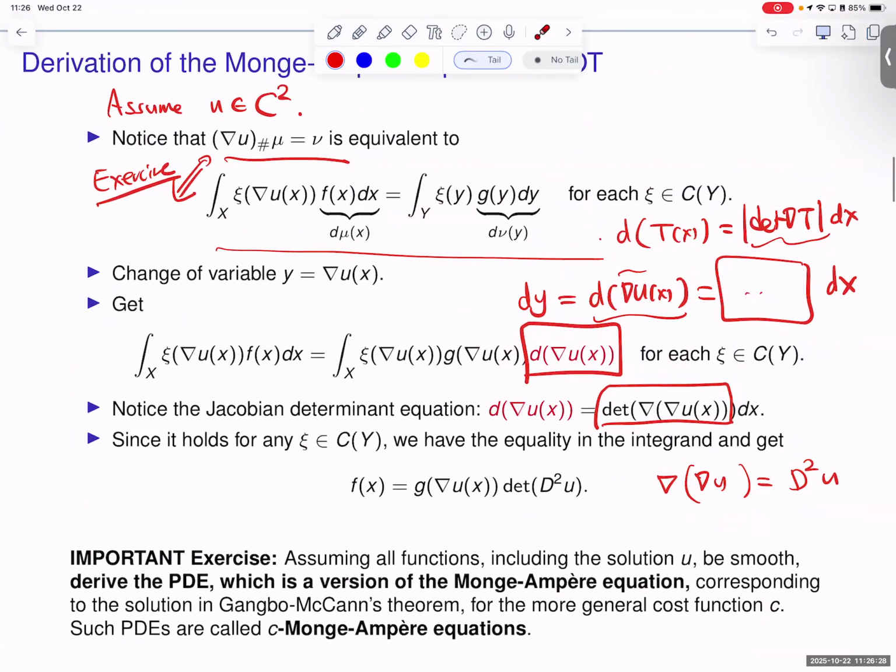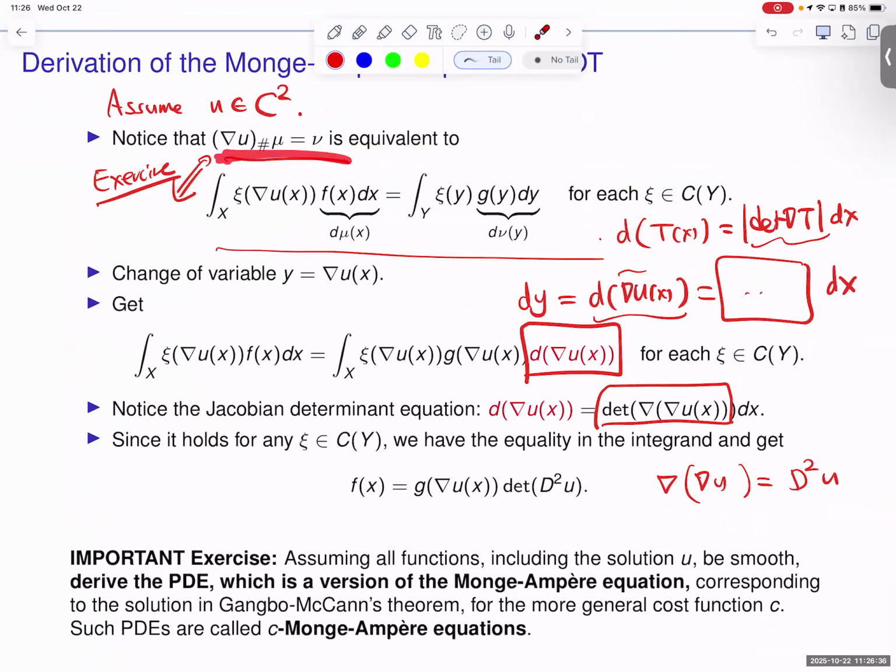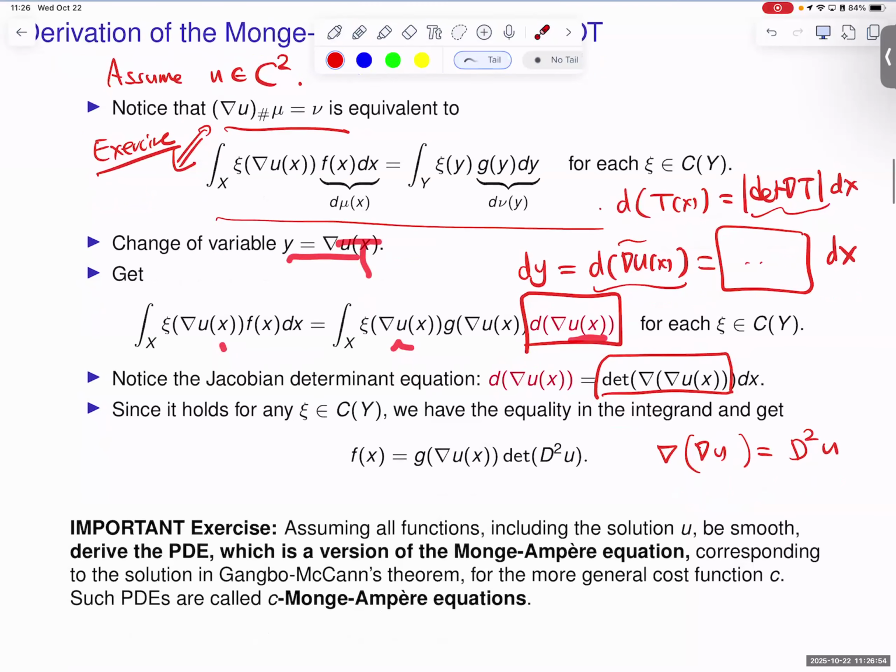Then you can write all these. So when u is just Lipschitz and convex, of course, this expression for this equivalent transport property holds for any measurable mapping. You don't even need gradient u. It's just, this holds for any measurable mapping T. And then you can do this change of variable for any measurable mapping T. Then the only question is what happens here.